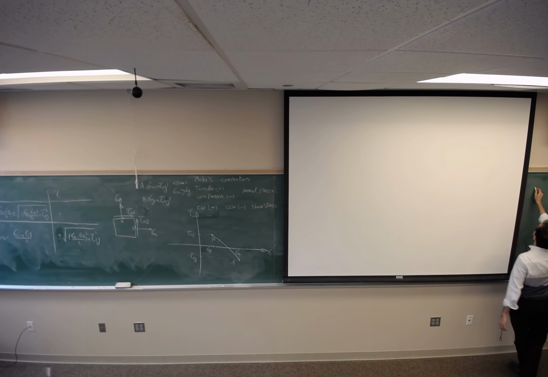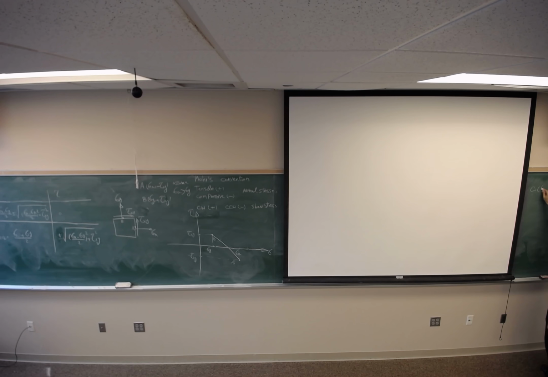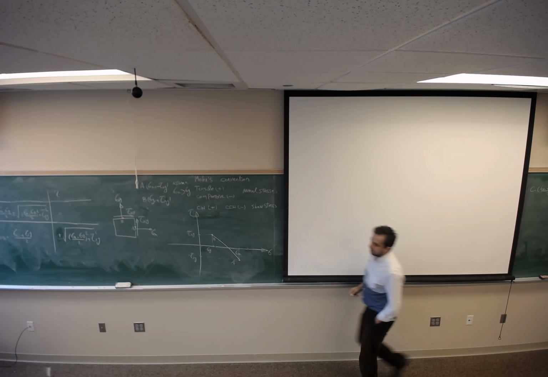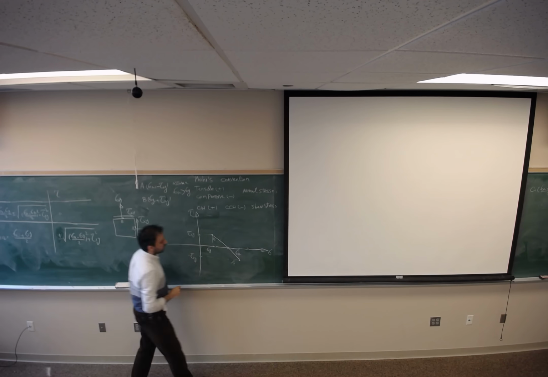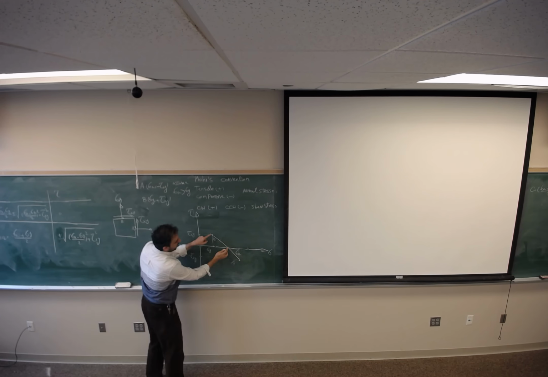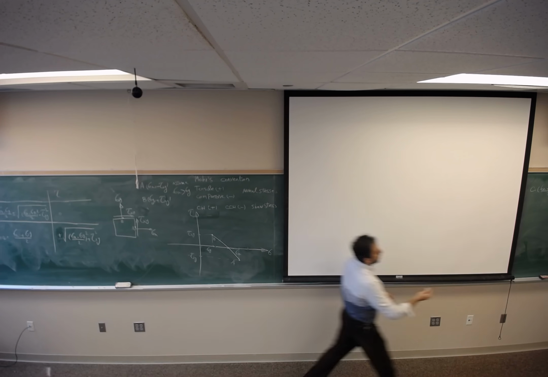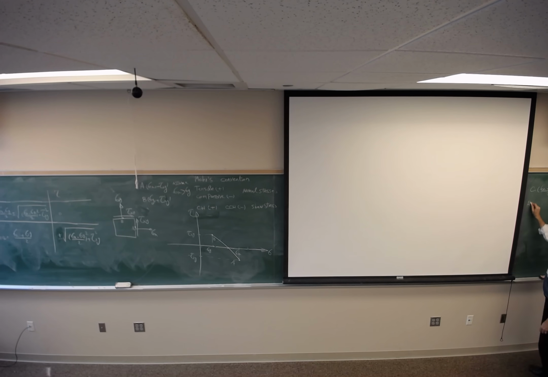The center of this line has the coordinates of sigma x plus sigma y divided by 2, and 0, which is going to be this point. And the radius, or the half length of AB, is going to be AB divided by 2. It is half of the square root of sigma x minus sigma y squared plus two tau xy squared.